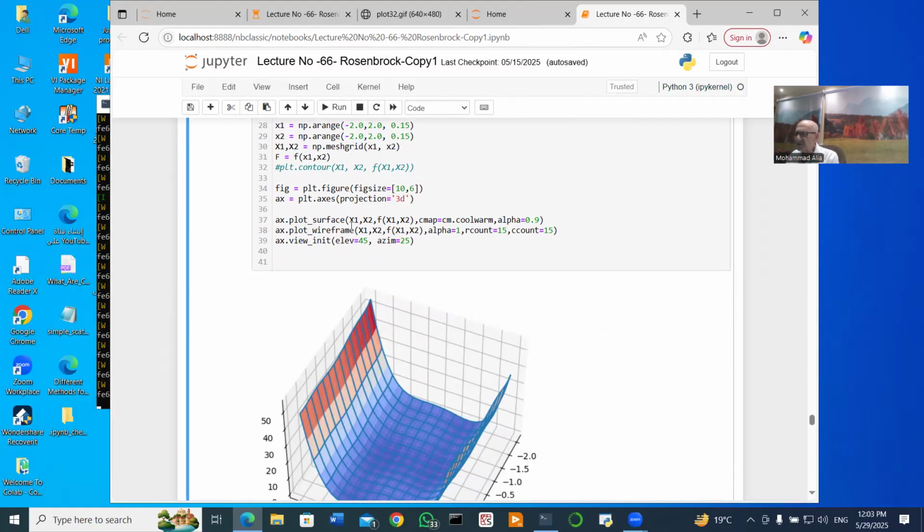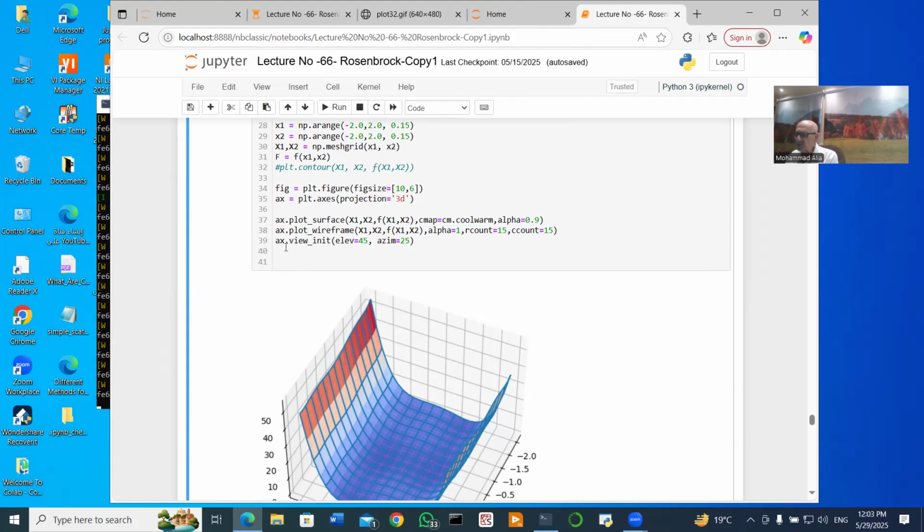The plot surface function requires the coordinates x1, x2 and z, which is f of x1 and x2. For coloring, we take cmap equal coolwarm. The opacity here is shown as 0.9.